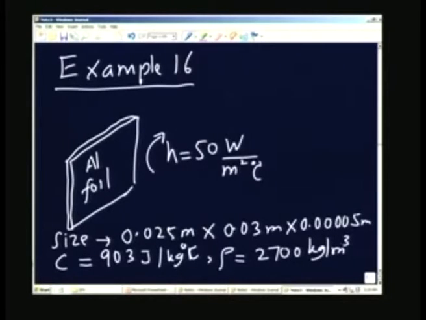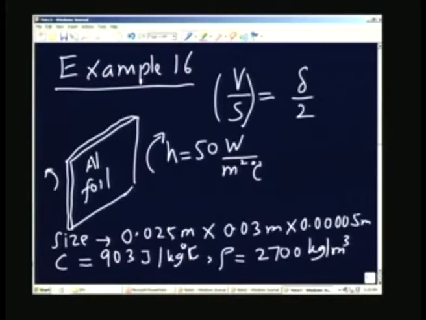If you remember what we have discussed earlier, the volume to surface ratio, assuming that it is losing heat from both sides, that is this side as well as this side, is nothing but delta by 2, where delta is the thickness of the foil. Okay, half the foil thickness is the volume to surface area ratio.